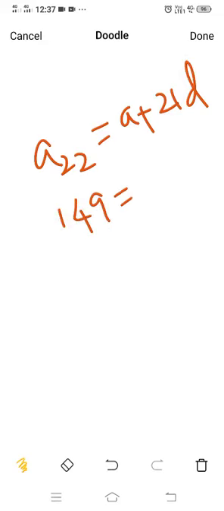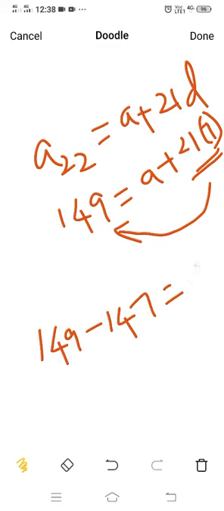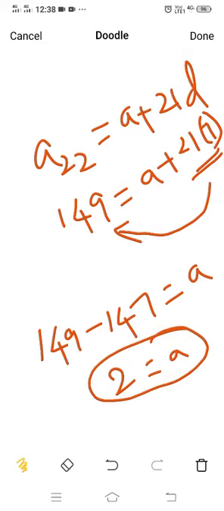So 149 is equal to a plus 21 into d, where d value is 7. Now 21 into 7 is 147. If we bring this to the other side, 149 minus 147 is equal to a. So 2 is equal to a. We got the value of a as 2.